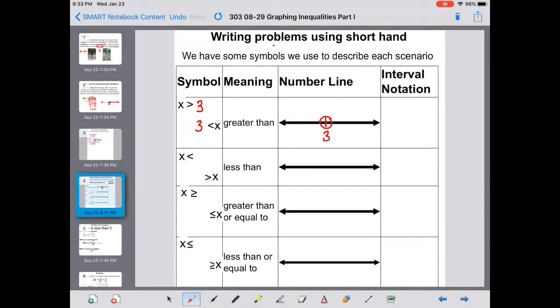Because it's greater than, and we know that on a number line, the greater numbers are to the right, we're going to shade to the right. And then we're going to do our interval notation again. So in this case, our interval notation is going to have a parenthesis, 3, comma, infinity, and another parenthesis.